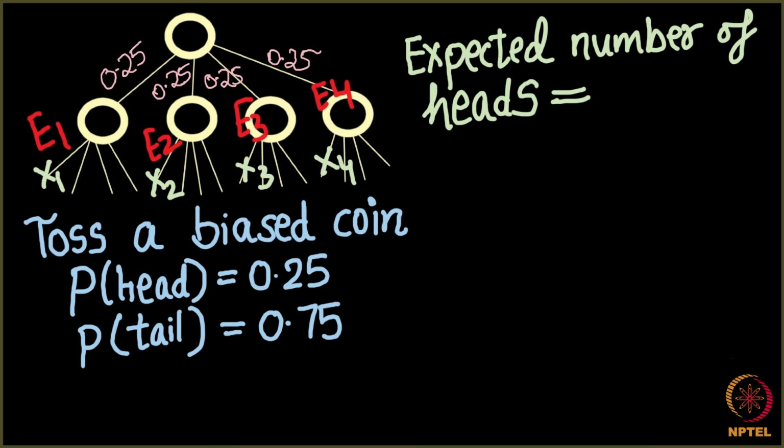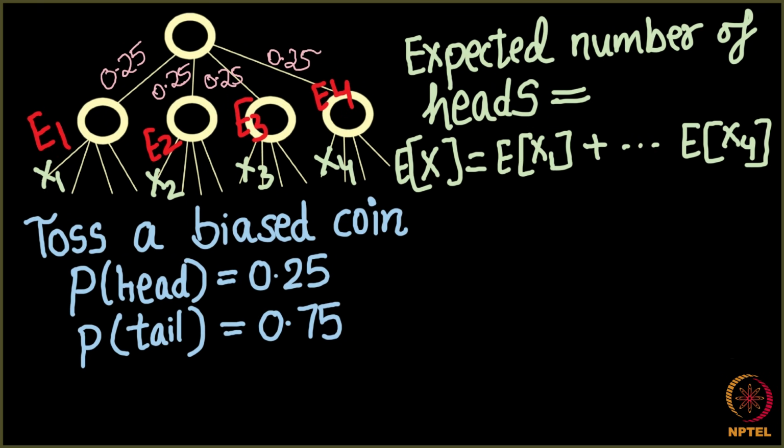Again we take 4 indicator random variables here, x1, x2, x3 and x4, and we know that the expected value of x is the expected value of x1 plus x2 plus x3 plus x4, which can be written like this. And we have looked at the expected value of an indicator random variable, which is nothing but the probability of 1, which is the probability of head, 0.25 in this case.